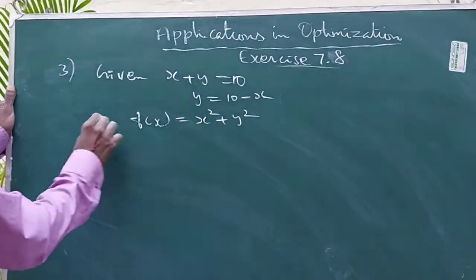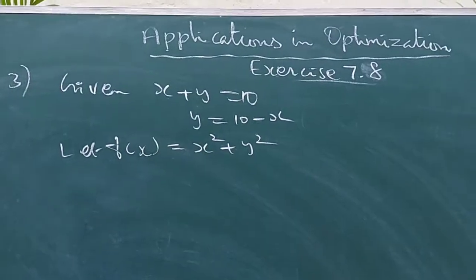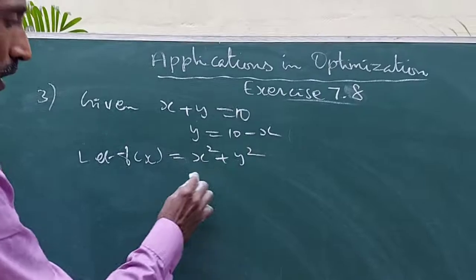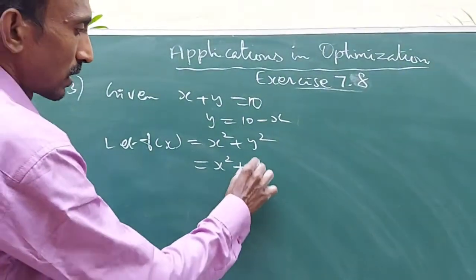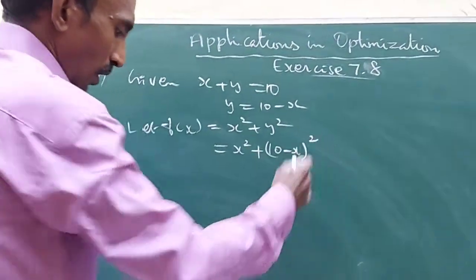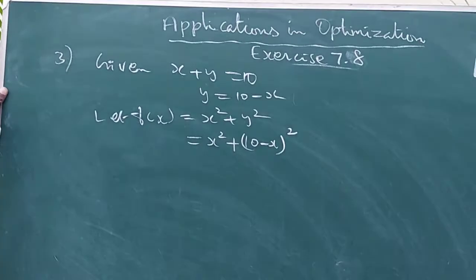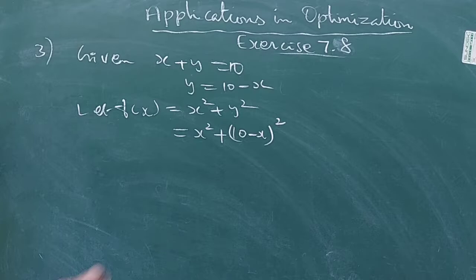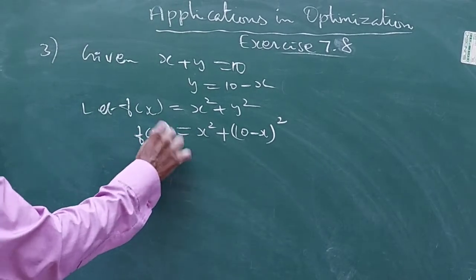Take it as f of x, let f of x equal to x square plus y square. Again convert into a single variable function, x square plus 10 minus x the whole square. If you want, you can differentiate directly or you can simplify and differentiate. No problem, we can differentiate directly.